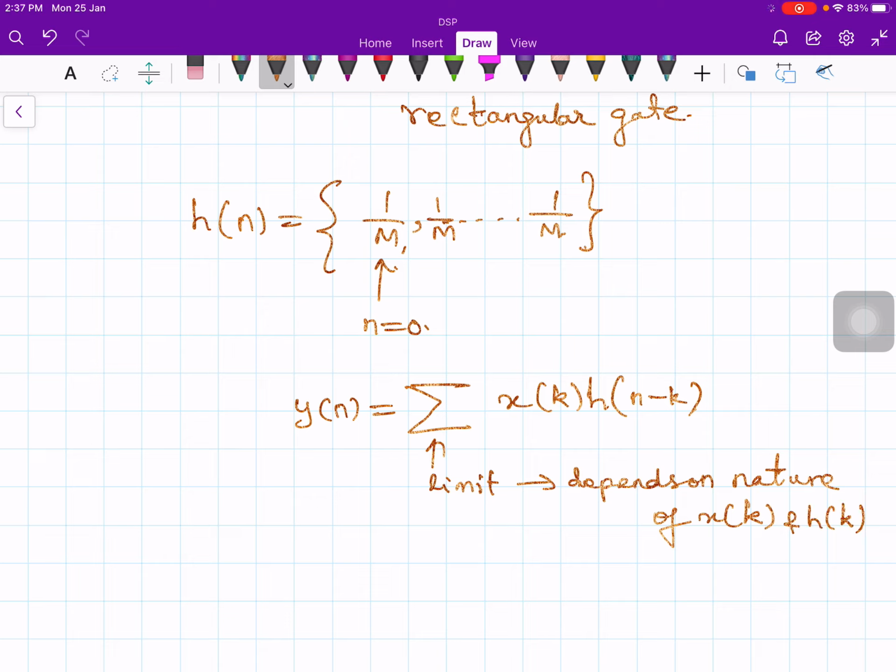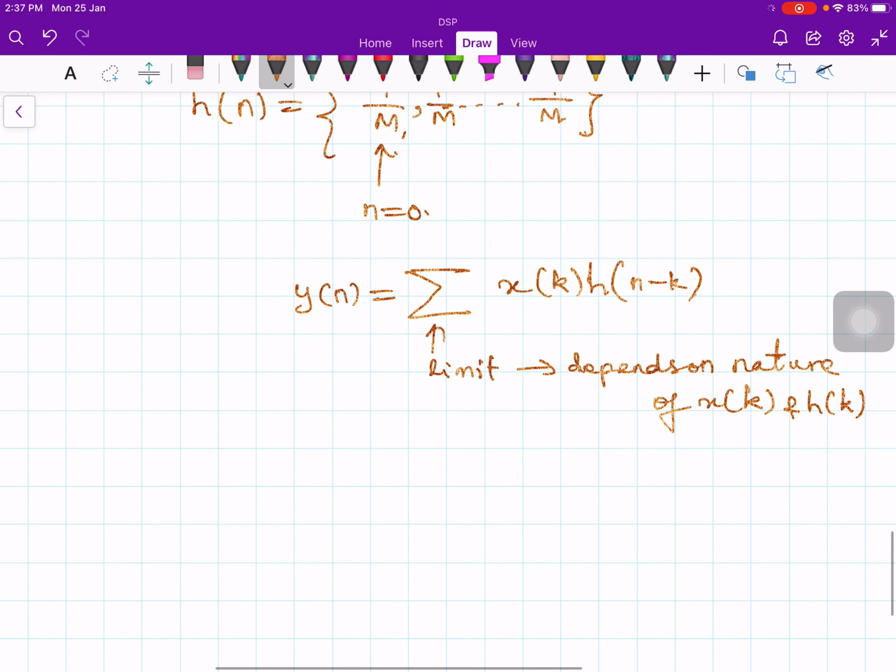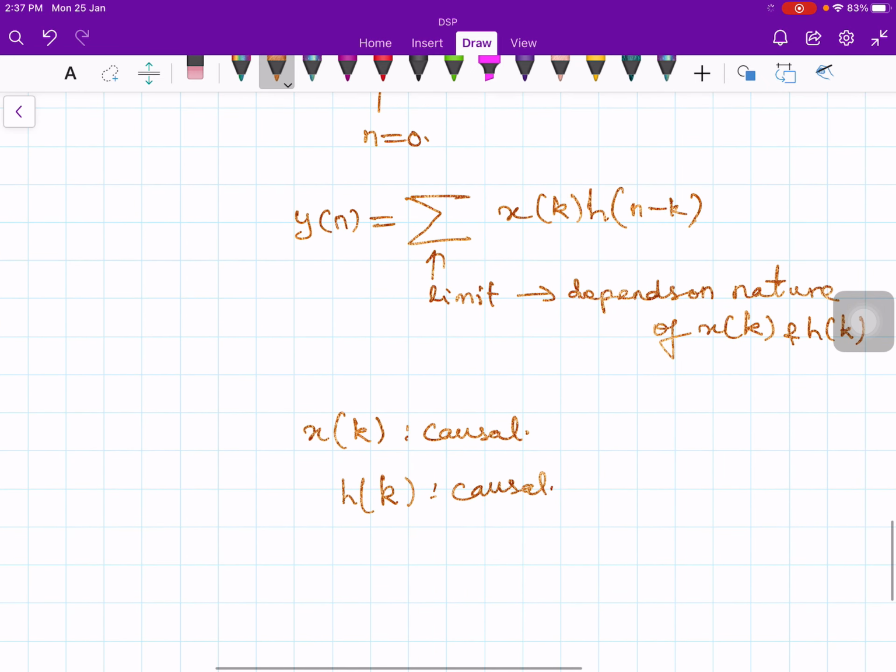For example, we already discussed this: if h of k is causal, this implies the system is causal.